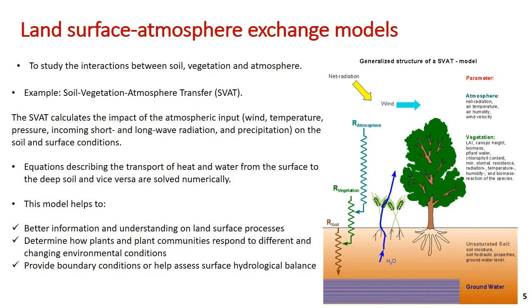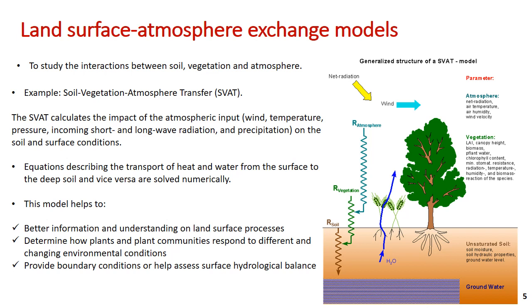And you're also going to understand how an individual plant or individual plant species can respond to different climatic conditions, and how all the plants collectively would also be influenced by these environmental changes.